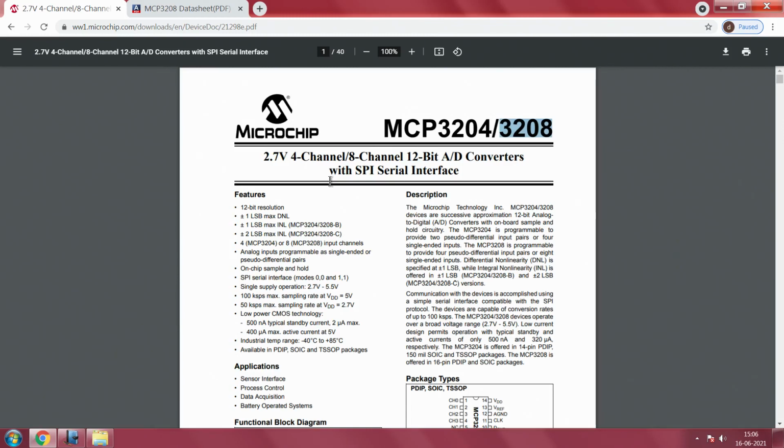So the sampling frequency is directly dependent on the operating voltage here. Now, let us leave this data sheet, otherwise you will be wondering why sampling is such an important thing.